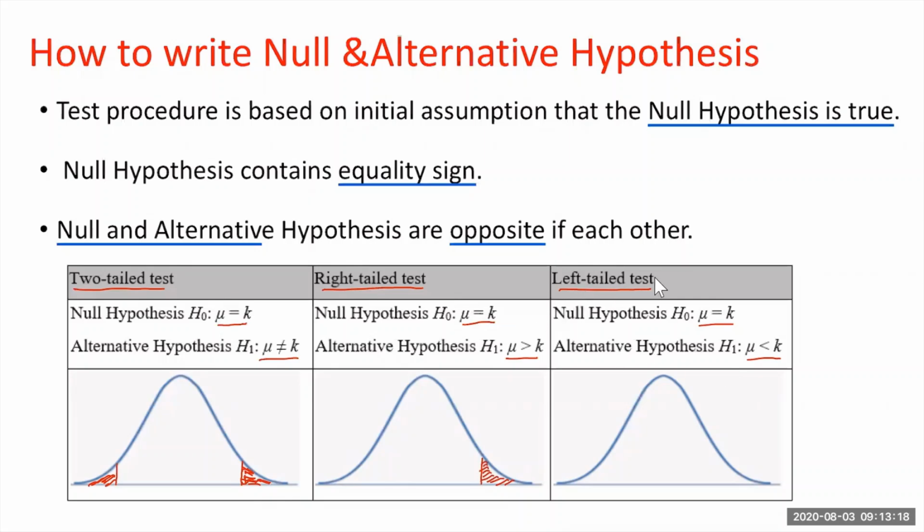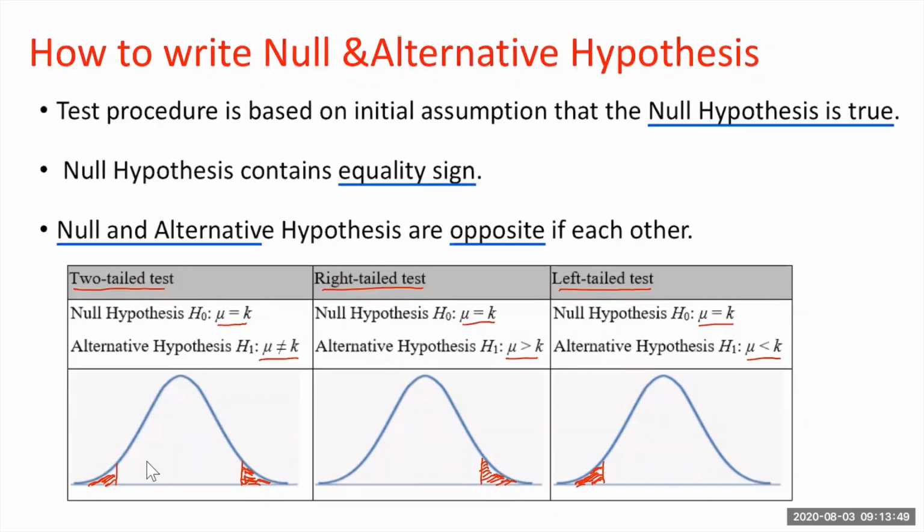For the left-tailed test, because we have less than, the lesser values are on the left, so your area is here on the left tail. When you have area on both tails, it is the two-tailed test. So for one-tailed tests, there are two cases, the second and third, and this one is the two-tailed test.